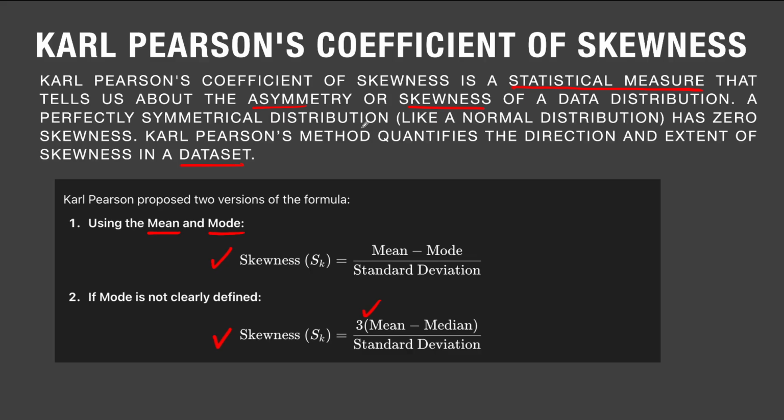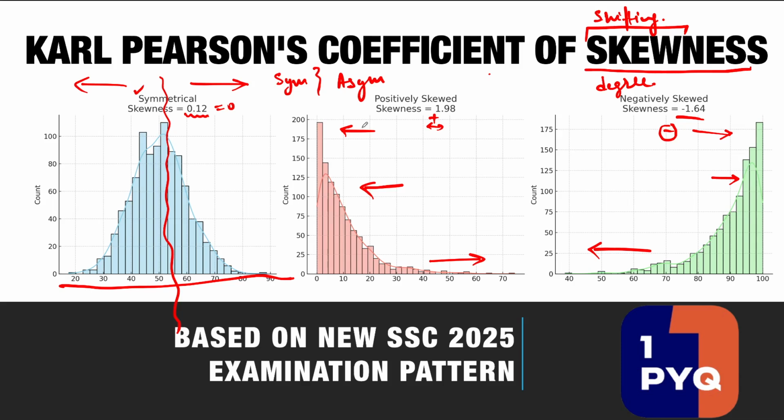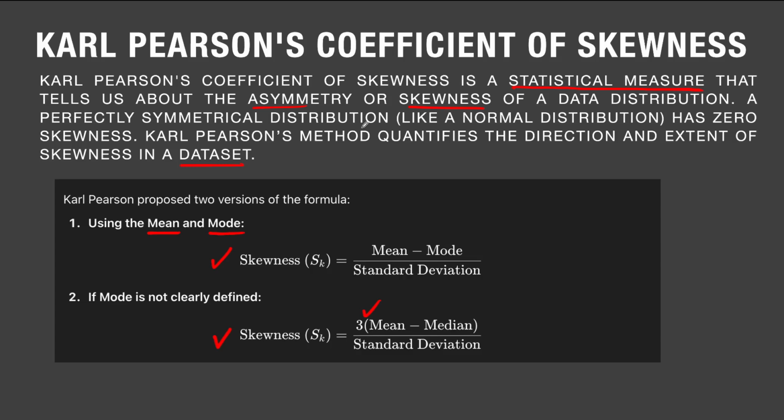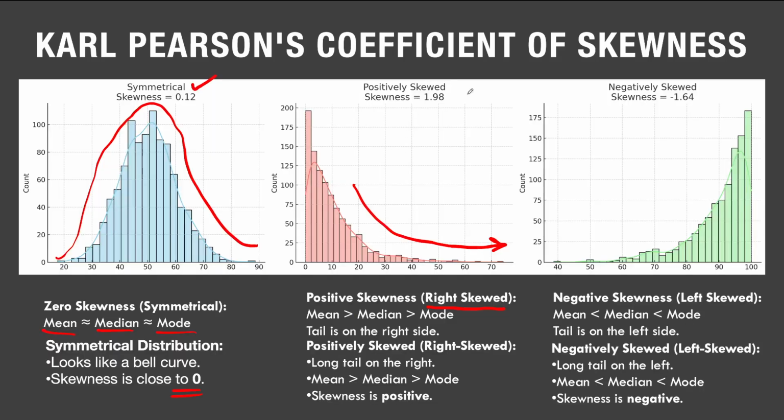There is only one thing you need to account for: you can look towards the shifting, or you can look towards the tail. I would recommend that you look towards the tail. So in positively skewed data, the tail is towards the right hand side. You need not remember that the shifting is towards the left hand side. Remember only one concept, and that is when you don't get confused in the exam.